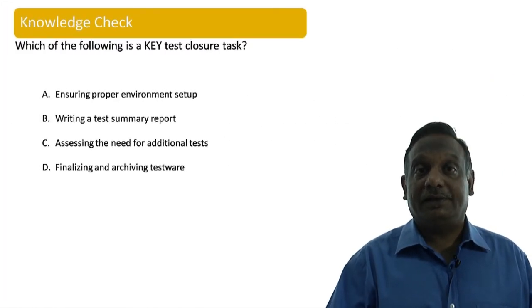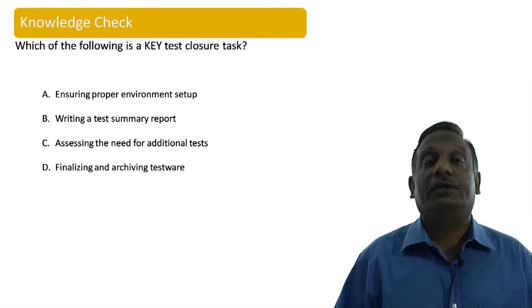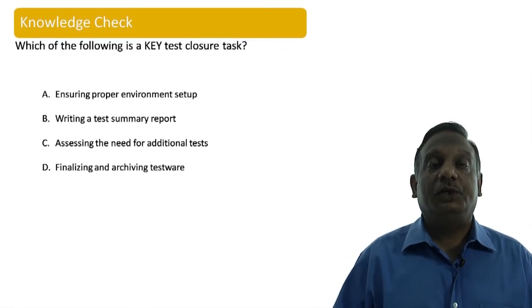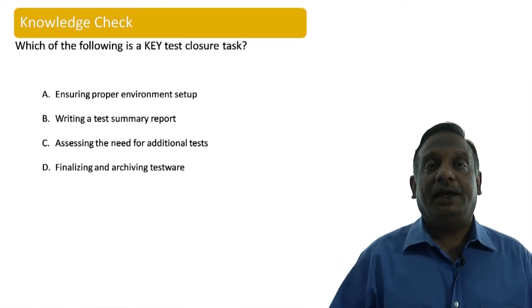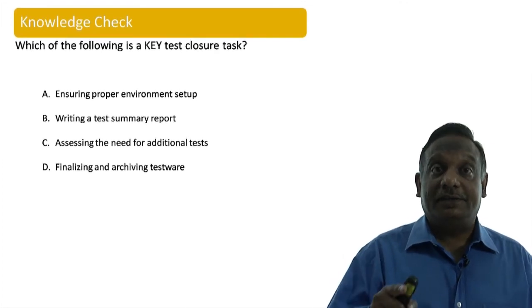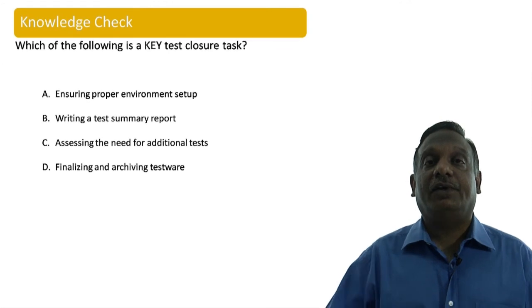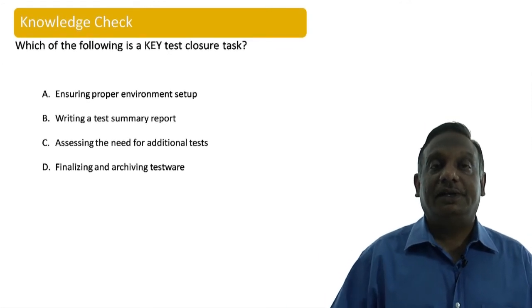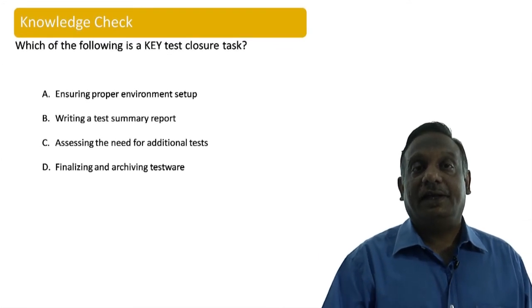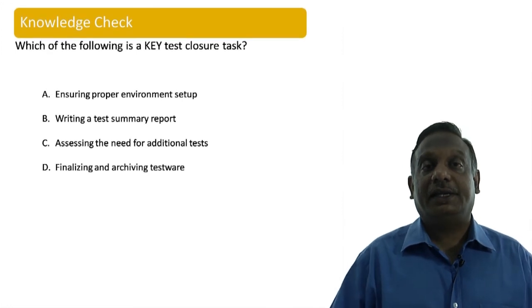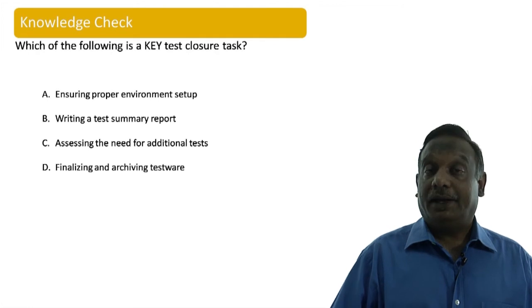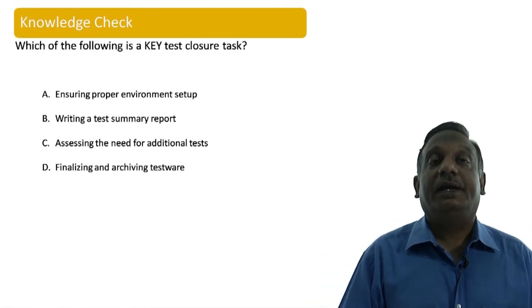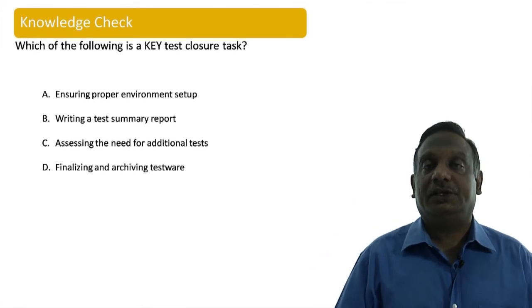Which of the following is a key test closure task? A. Ensuring proper environment is set up. B. Writing a test summary report. C. Assessing the need for additional tests. D. Finalizing and archiving testware. Ensuring proper environment setup is done at the time of test implementation.